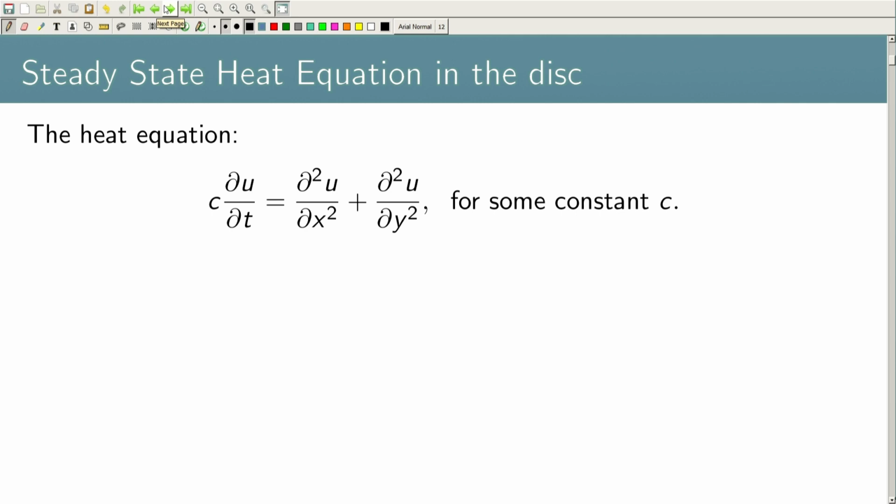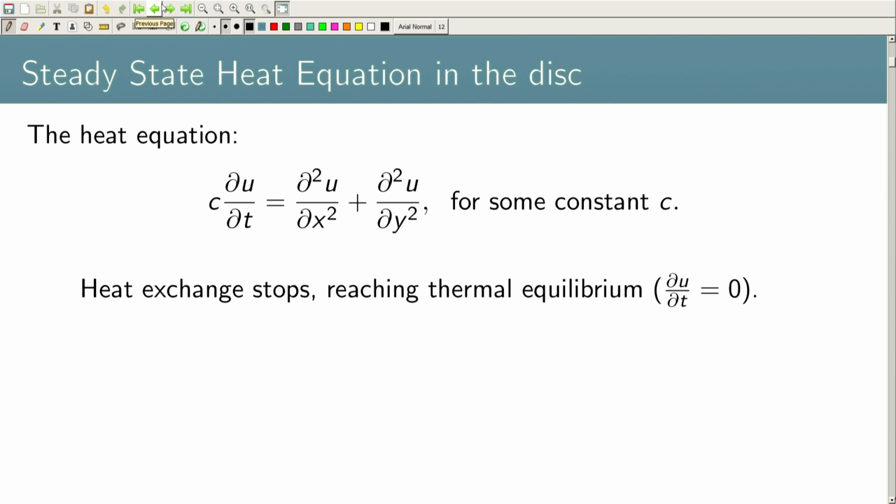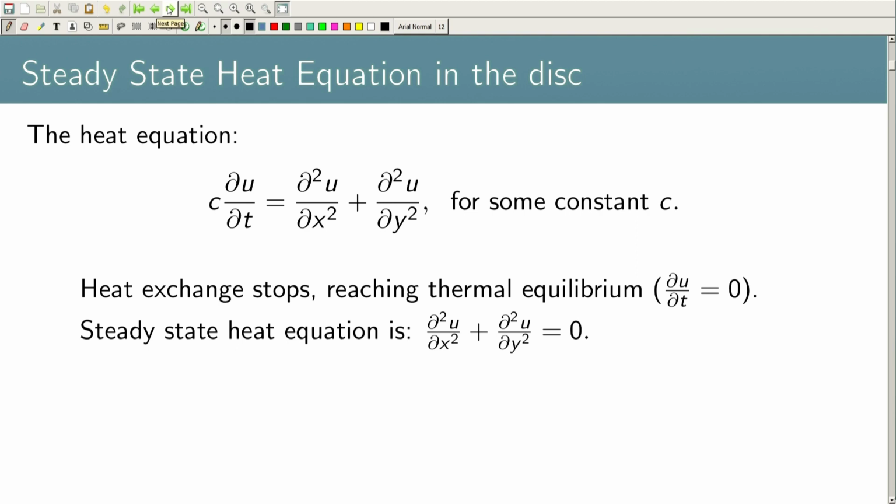When the heat exchange stops, reaching thermal equilibrium, that means del u by del t is equal to 0, then this is called the steady state equation, and is obviously given by del square u by del x square plus del square u by del y square is equal to 0.